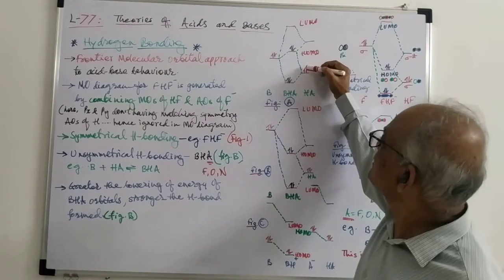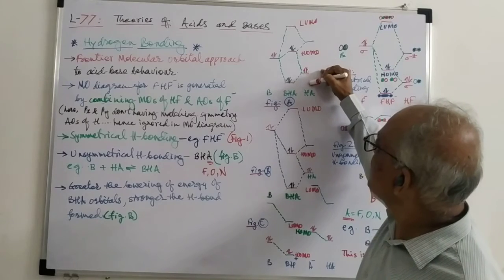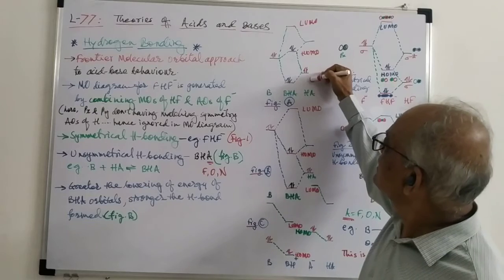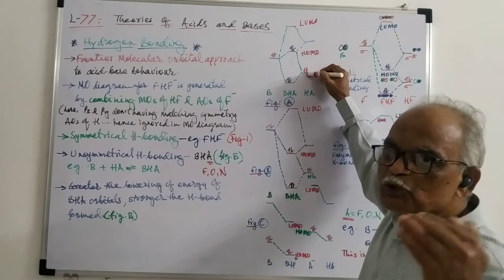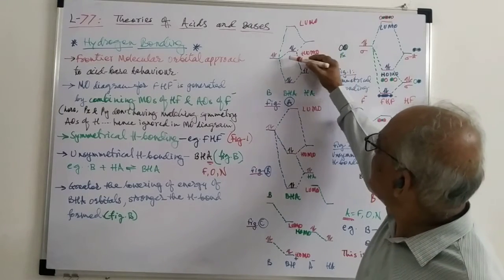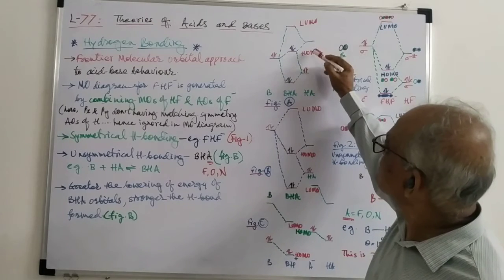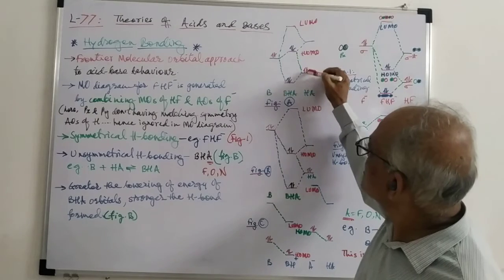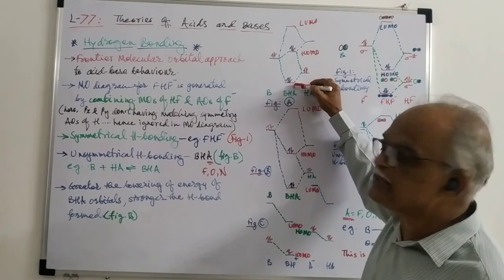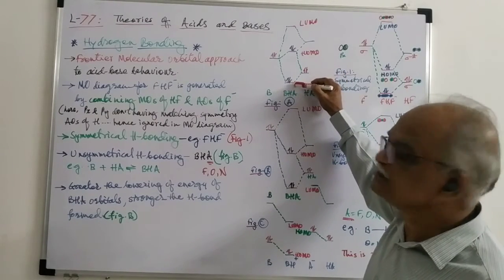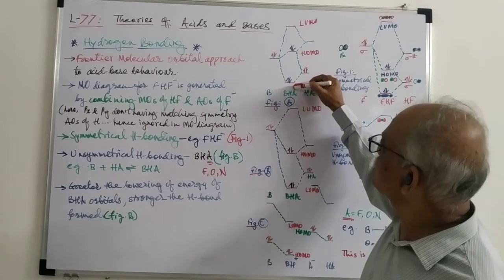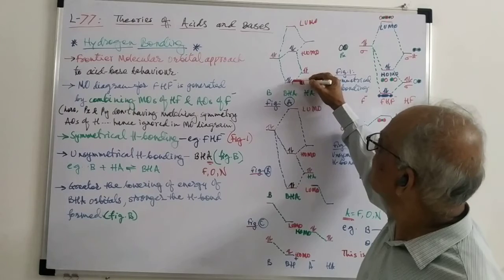This is the important thing, that the HOMO of HA is much lower in energy than the HOMO of boron, and because of this, after linear combination between these two, there is formation of a BHA bond pair. This is the bonding electron pair on the molecular orbital.